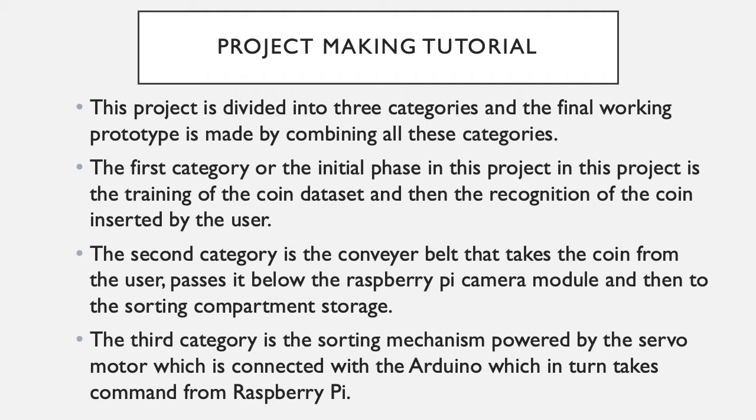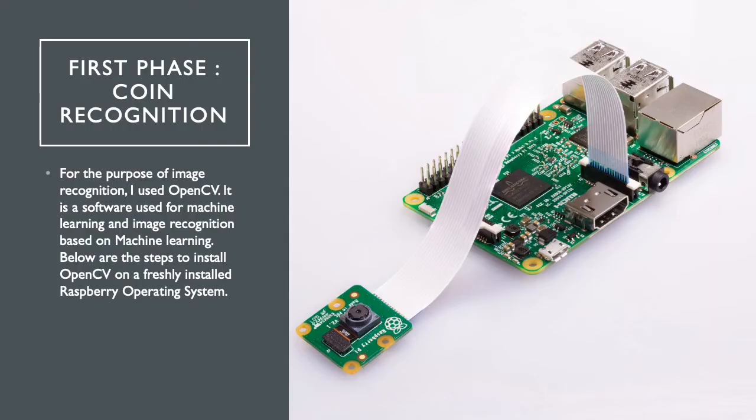And the third category is the sorting mechanism powered by the servo motor, which is connected with Arduino. The Arduino is connected to the Raspberry Pi, and it waits for the signal from the Raspberry Pi, and then based on the signal received, it gives command to the servo motor to change its position.